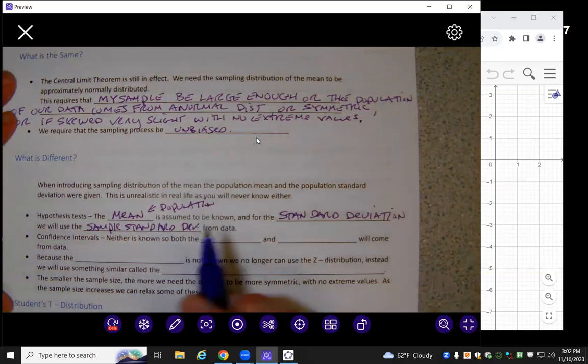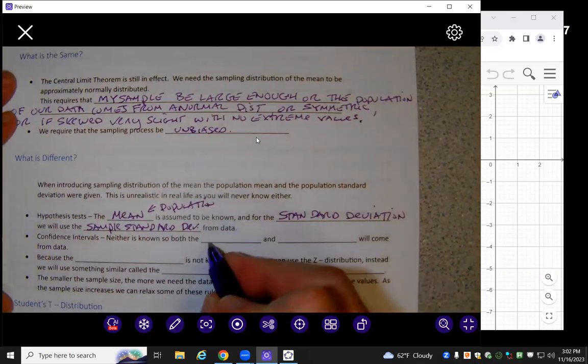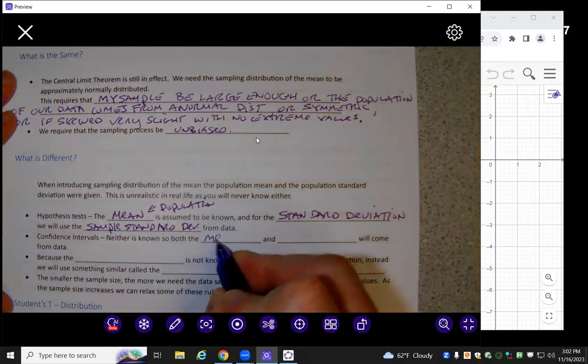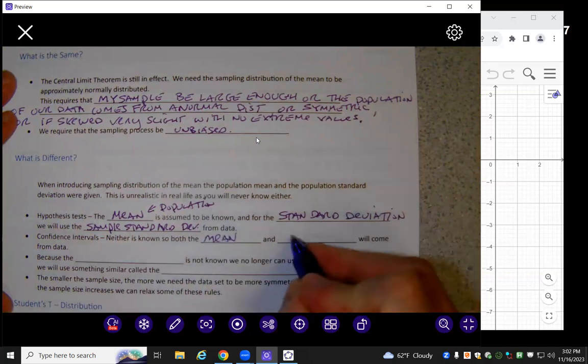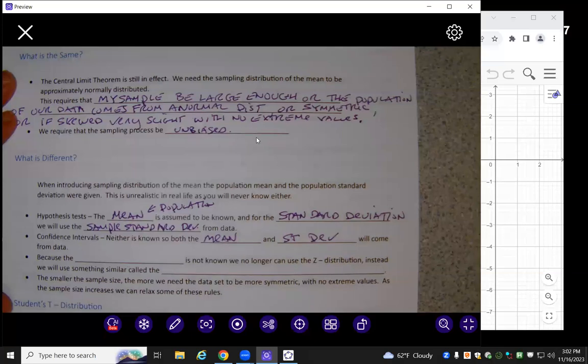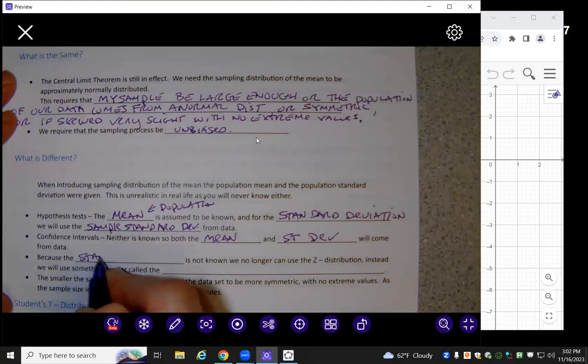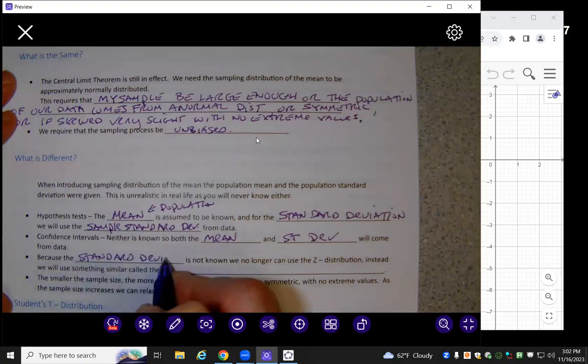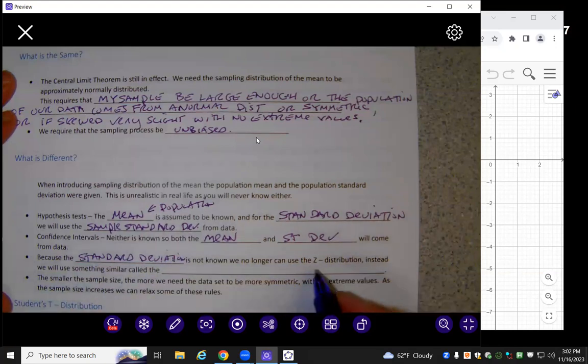So for confidence intervals, neither is known. So for both the mean and the standard deviation, they will come from the data. Because again, the standard deviation is not known, we no longer can use the Z distribution.